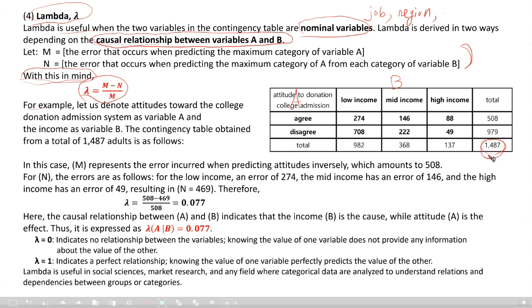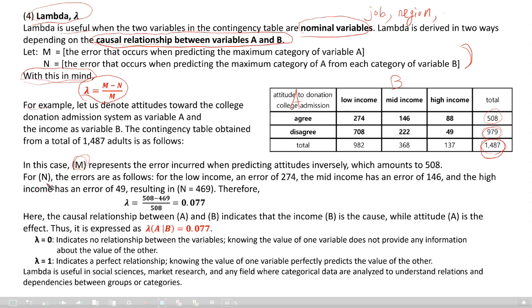Then you had better predict all of them disagree. Then you make an error of 508. That is M, the error that occurs when predicting the maximum category of A.